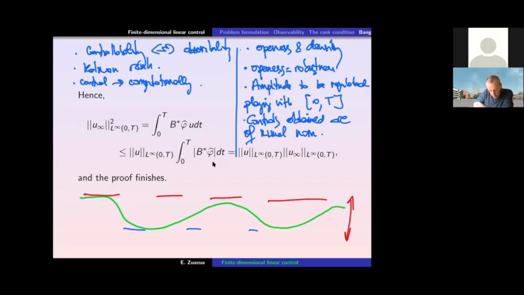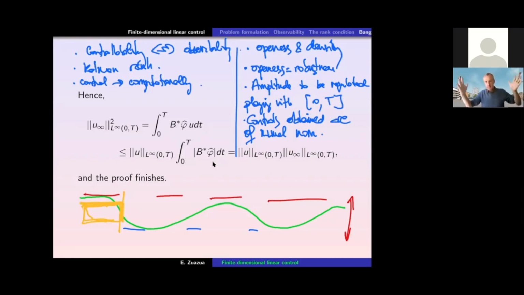What you are doing here with this control, which is smooth and going down, I could do with a control which will be bang-bang. Basically, I will have the same area here with a control which has less norm, just by keeping it until the very time at which I have to jump. And if I do this, then you see that I am moving from this upper bound on the control to this upper bound that is milder.